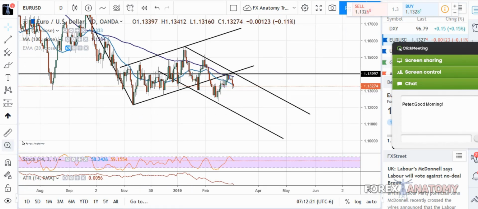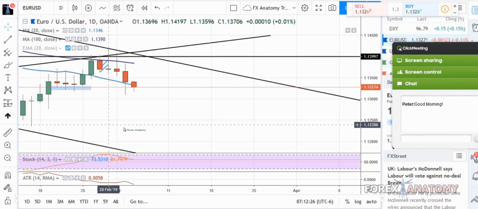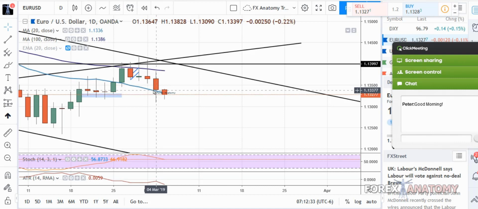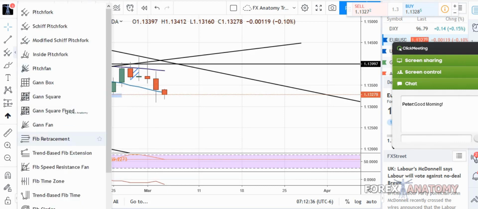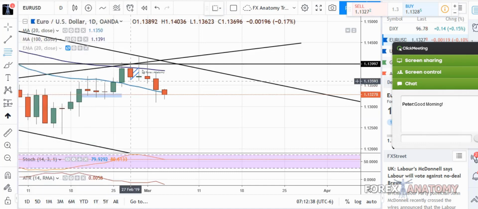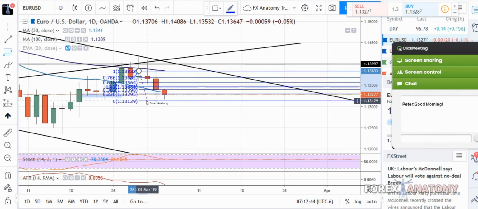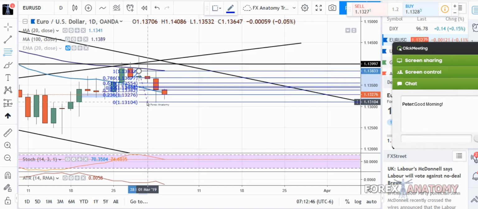If you just zoom in, I want to show you a little bit of price action, some price action nuggets right here. If you zoom in right here, we see that price created this candlestick, which was a confirmation of the bullish signal. But typically what I like to do is measure the halfway point of this particular candle. So if you're drawing your Fibonacci, I know it's kind of hard to see right now, but we're drawing in our Fibonacci.